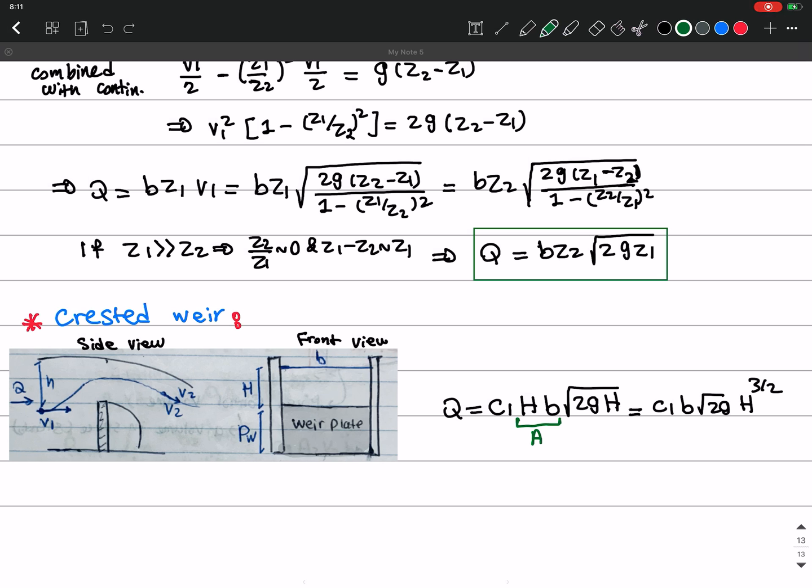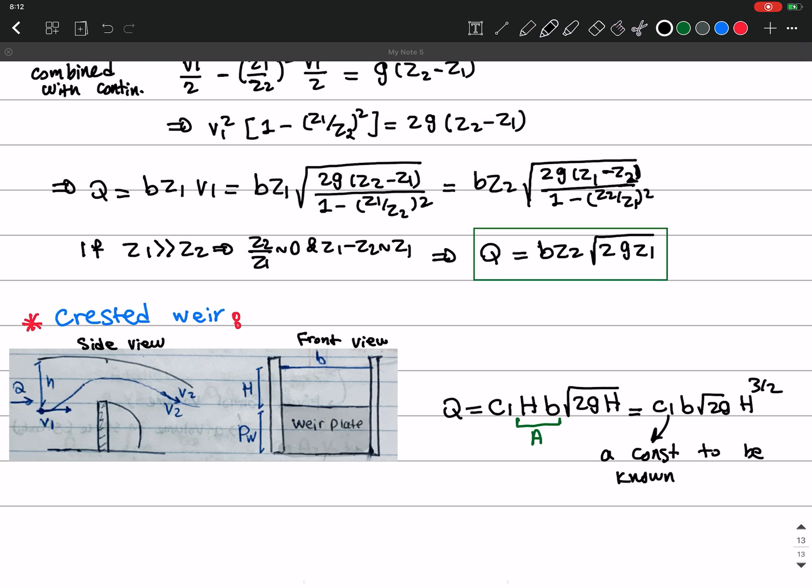And C1 is a constant to correct this, because this is an empirical formula. So H times B, and then we have the square root of 2GH, again similar to the earlier one, okay? This C1 is a constant to be known.